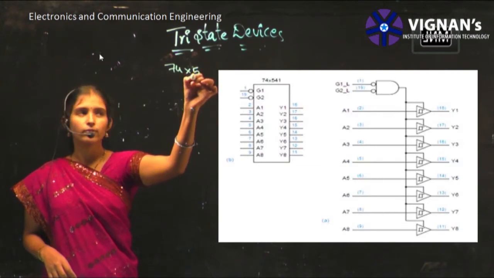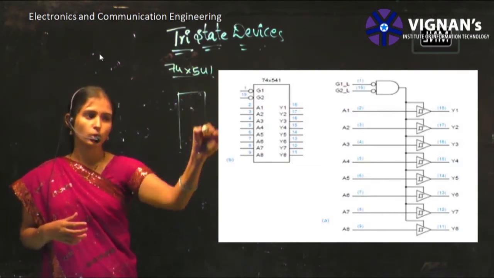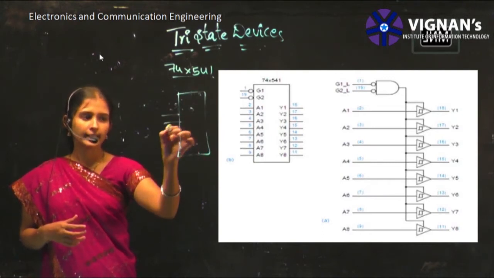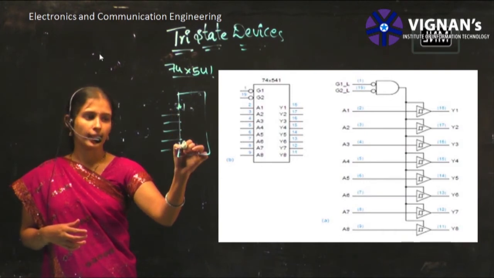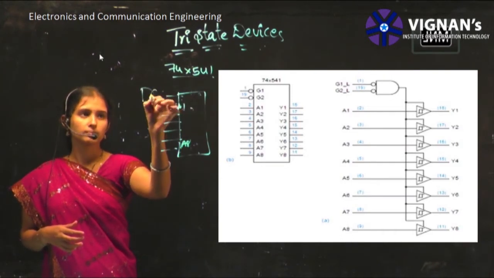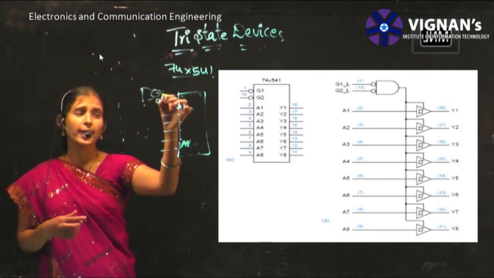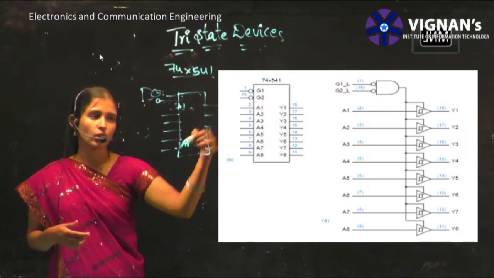In the 74541 IC, you will have, suppose, 8 inputs ranging from A1 to A8. At the same time you have enable inputs. These two enable inputs are active low inputs. At the same time you have Y as your output.